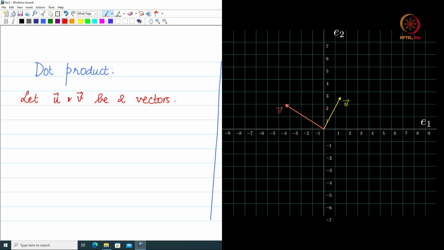So, what is the question that we want to ask? We want to ask, are u and v orthogonal to each other? The easiest thing to figure out is whether they are perpendicular to each other.